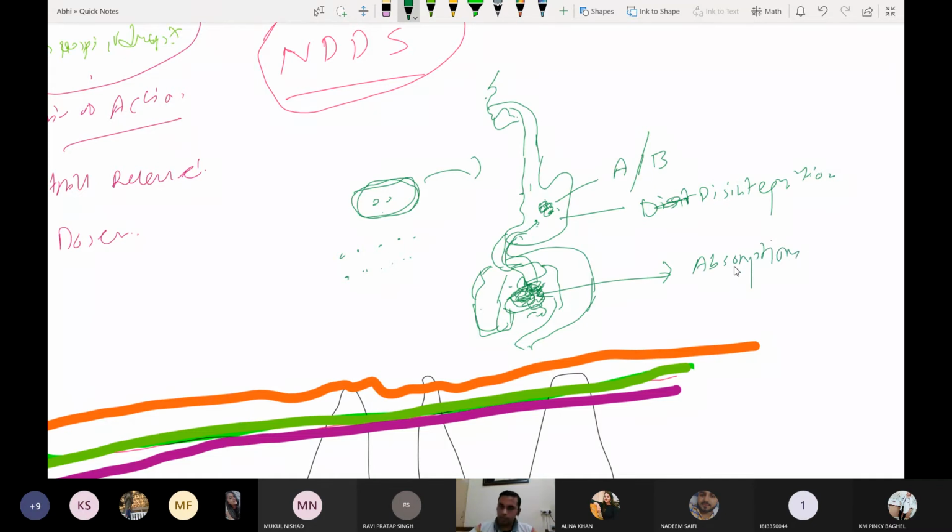Absorption will happen. So for absorption, two things are important. One is the solubility. Another is the permeability. Solubility and permeability. If it properly gets soluble in your GIT fluid, then that fluid is actually intestine में क्या होता है?